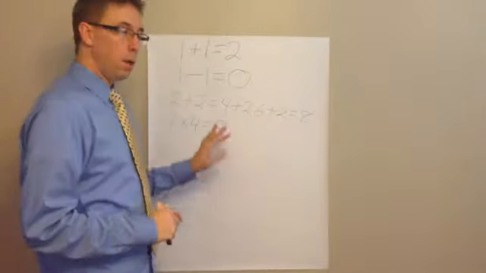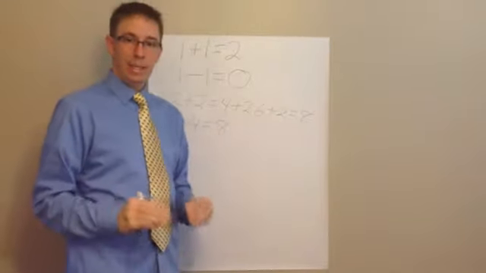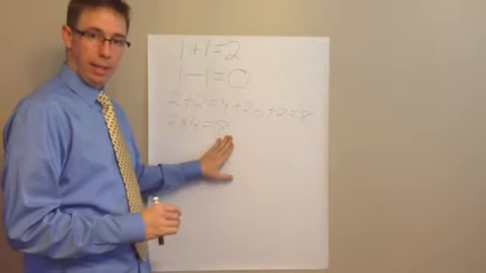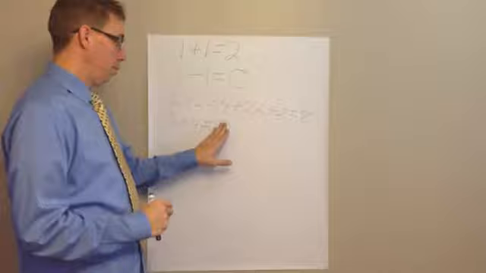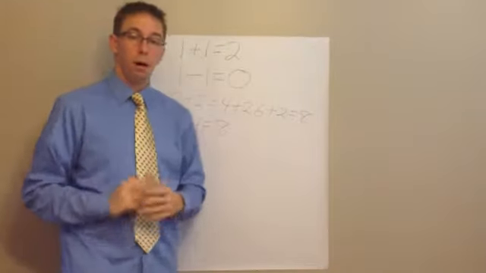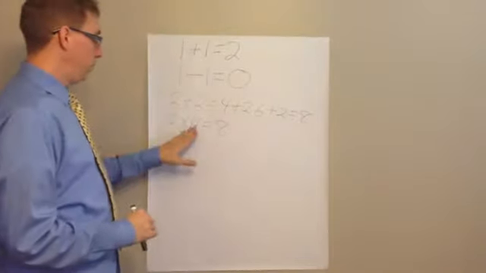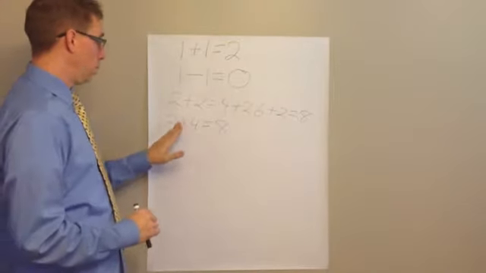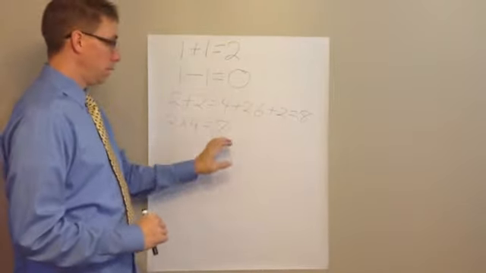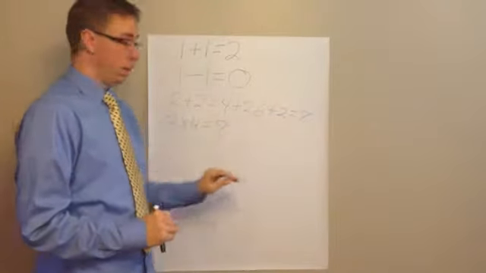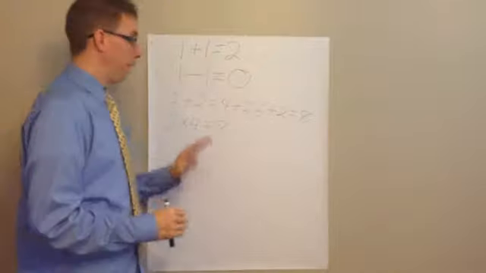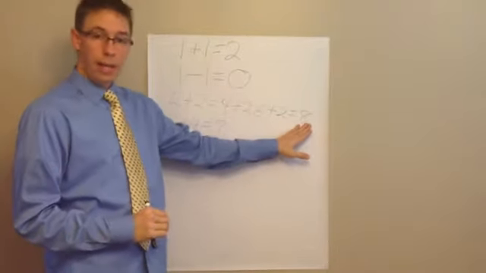Well, what we want to know in division is how many times does 2 go into 8? So how many 2's make up 8? Well, we already know that our answer is 4, because we looked here that 2 plus 2 equals 4, and 4 plus 2 equals 6, and 6 plus 2 equals 8. So we have 1, 2, 3, 4 2's that make up our 8.